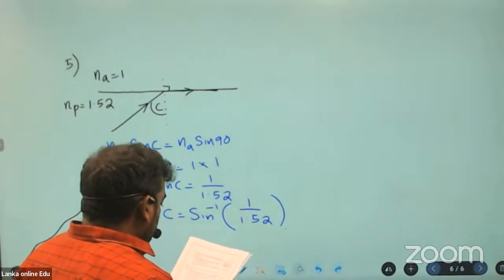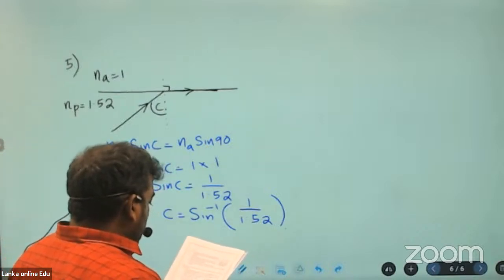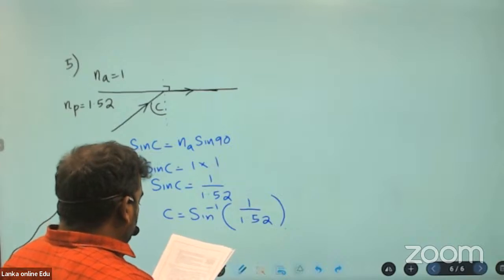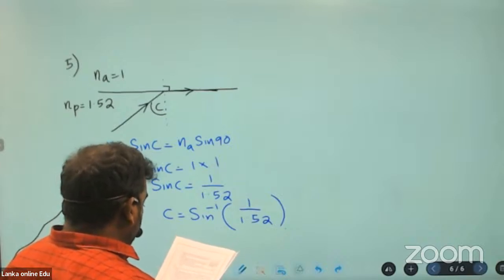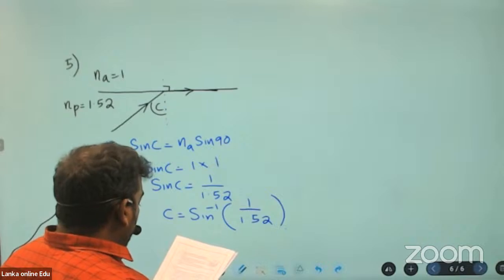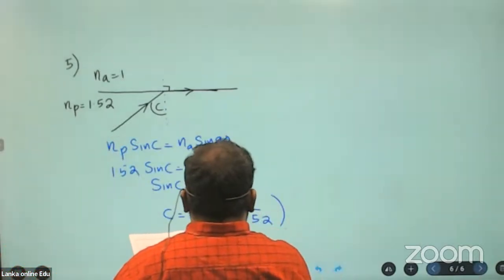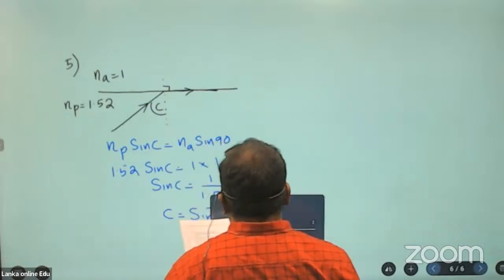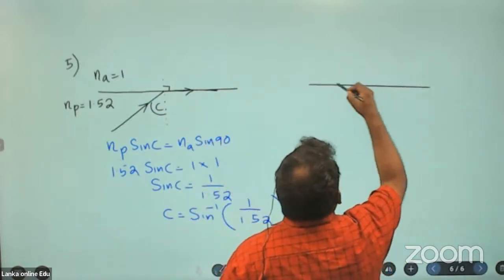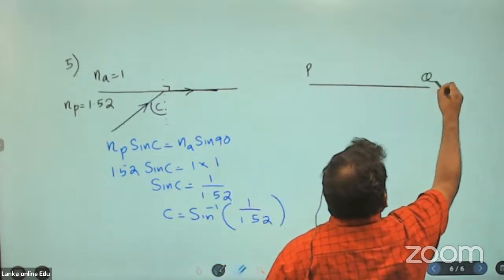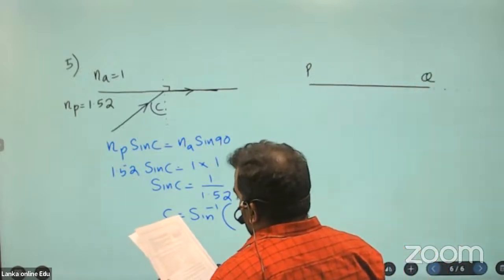Hence show that the ray undergoes total internal reflection at surface PQ for any angle of theta, disregard theta equals 0. Here PQ.